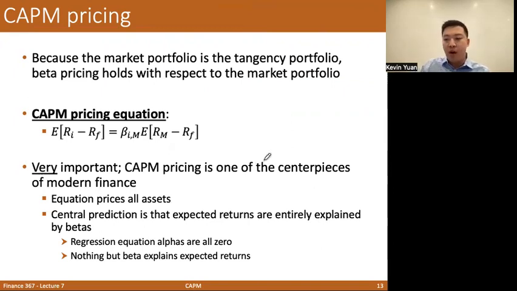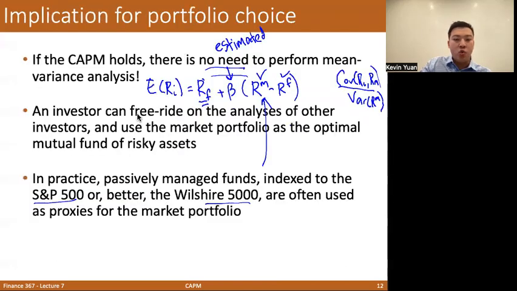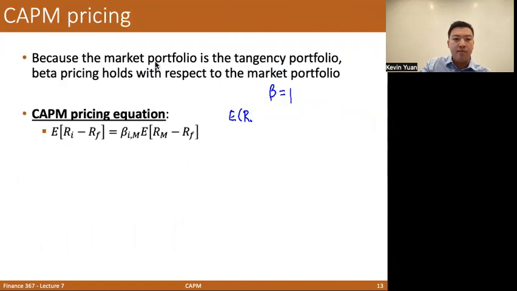Okay, I think it's worth pausing just for a second to talk about different scenarios. So let's say that beta is equal to 1. What does that mean? Well, I plug in 1 over here, and what I immediately get is the expected return. If you notice, this equation looks a little different, and the only difference is they just swung the risk-free rate over to the left-hand side, so there's nothing weird going on here.